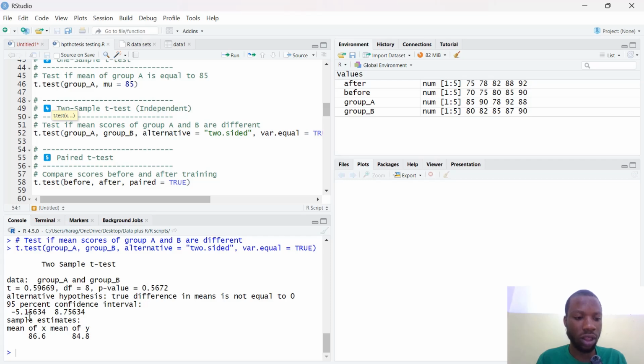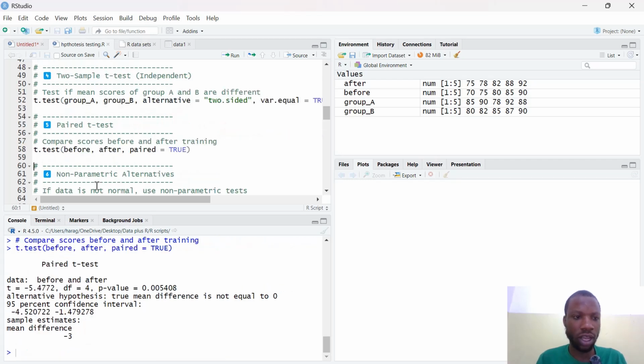Here we also have the confidence interval, the t calculated and the t statistics. That's what we have to consider. The same applies to the paired sample t-test.